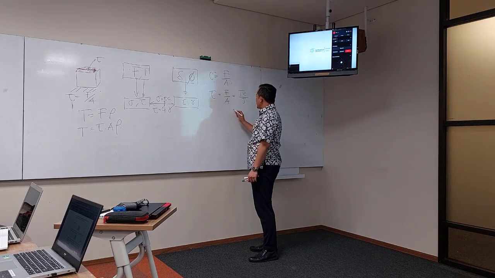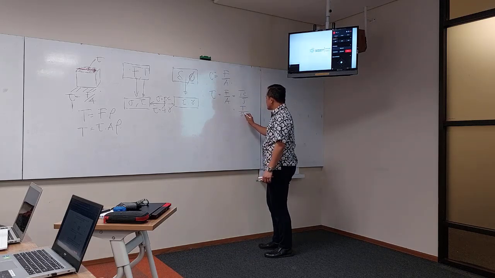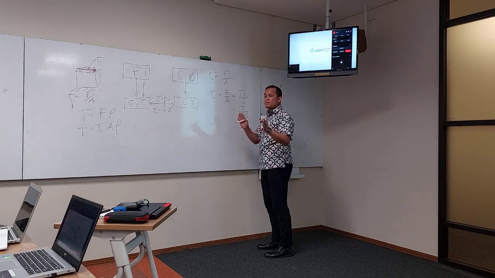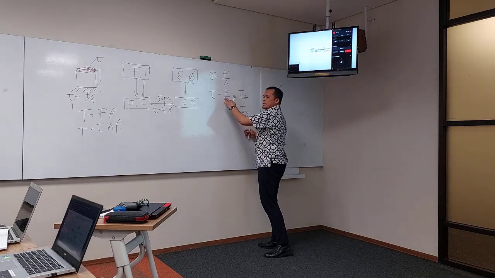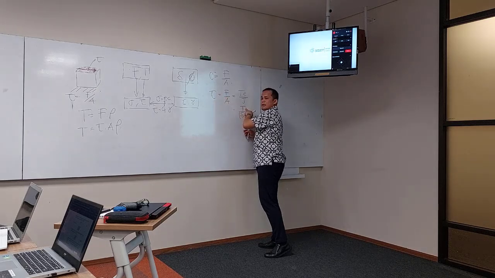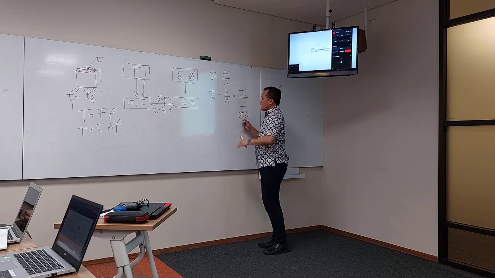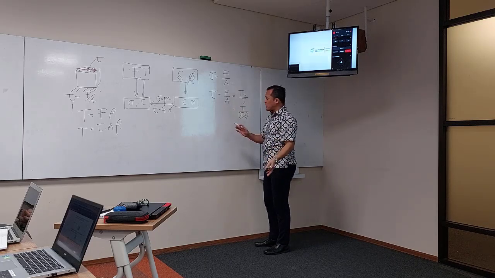So I can arrange this as T over J over C. What I'm doing here is putting the whole load parameter in the upper part and the dimension parameter in the lower part.